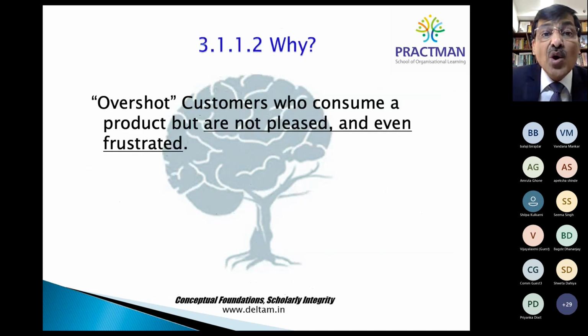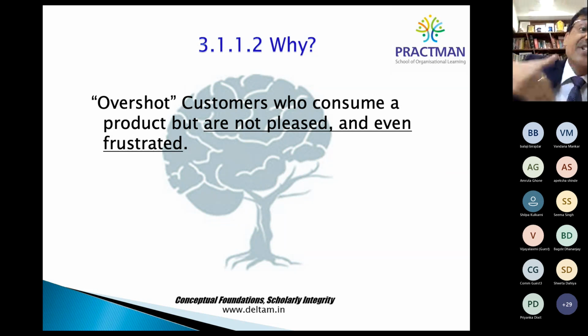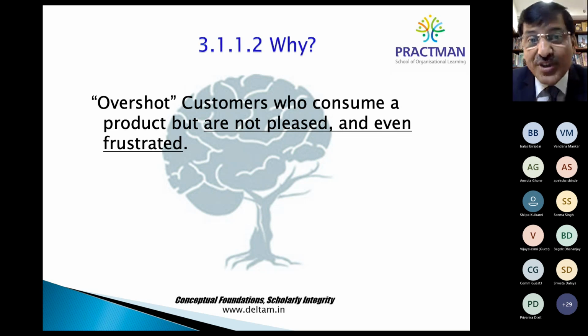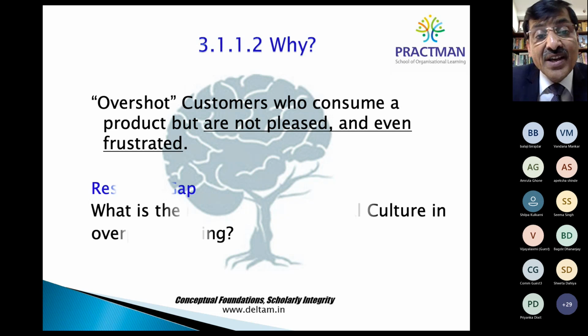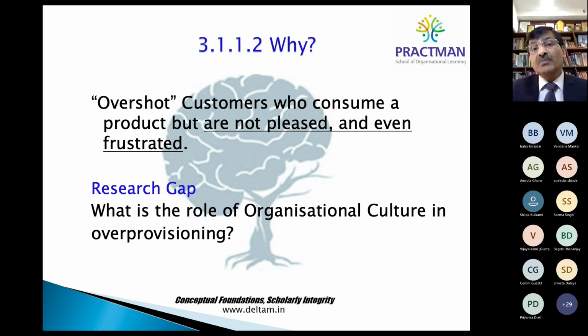Why should it be studied? Overshot customers. Overshot means I require something of X level and your company is giving X plus plus and charging me more, and I am getting confused and irritated. These overshot customers who consume a product but are not pleased and even frustrated, this kind of situation is not good for your company.